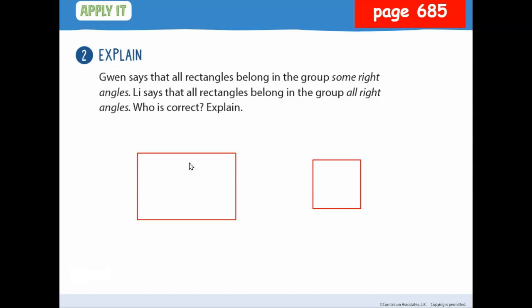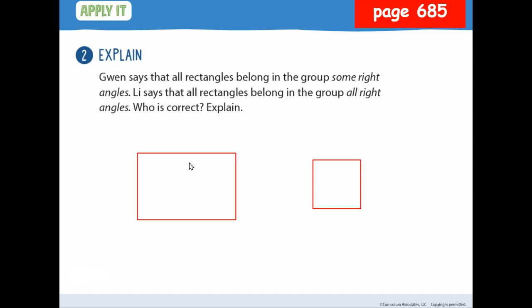Okay, so who's right, Gwen or Lee? Gwen says that all rectangles belong to the group that only has some right angles. But Lee says that all rectangles belong in the group that says all right angles. Who's right? Lee or Gwen? Lee. Yes. Okay, your desk, this classroom, I mean, the floor is the shape of a rectangle.